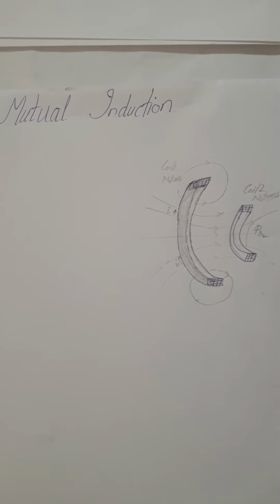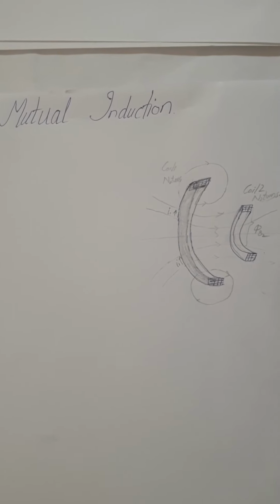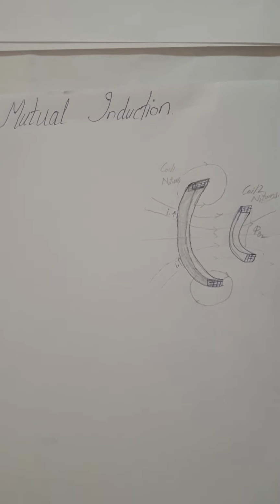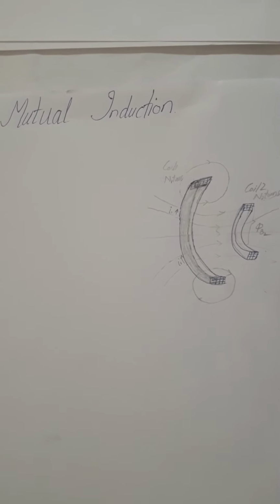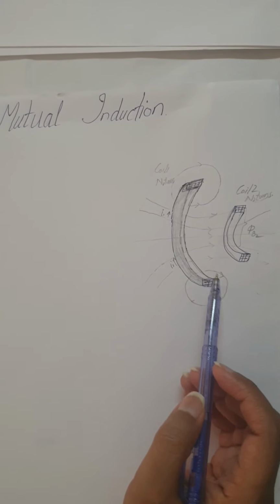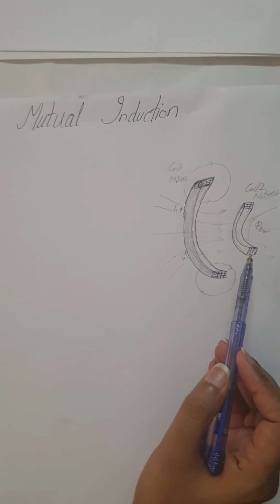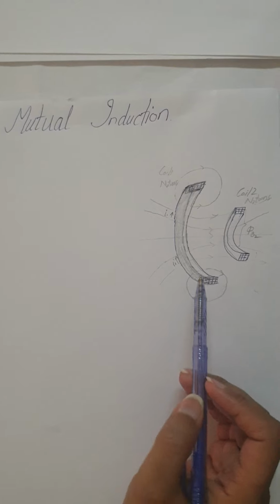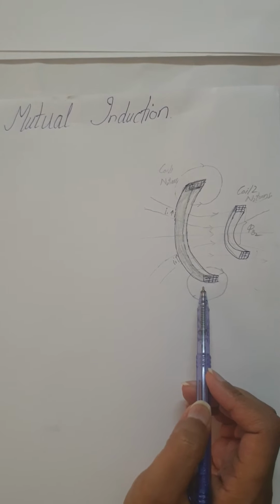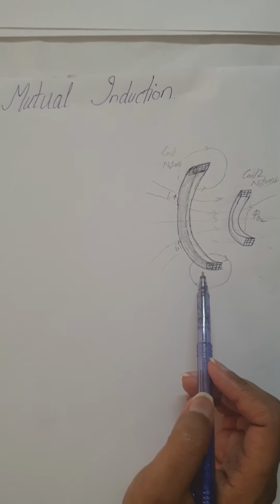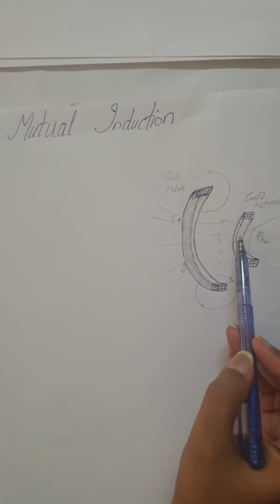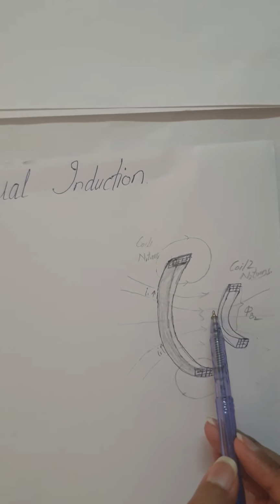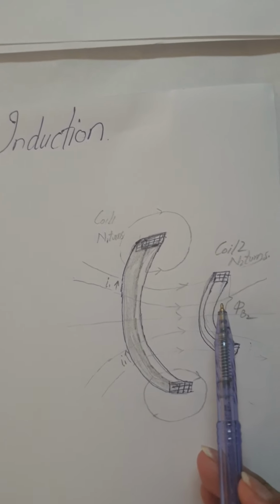But an additional interaction arises between two circuits when there is a changing current in one of the circuits. So here we have two neighboring coils of wire. Current in coil 1 produces a magnetic field and also a magnetic flux, and this magnetic flux is passing through coil 2.